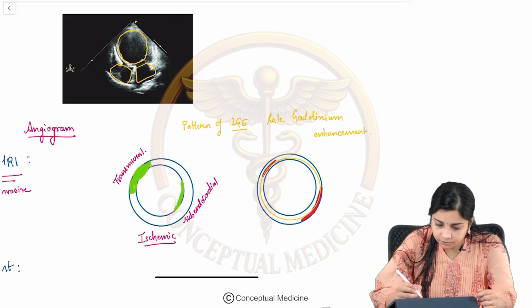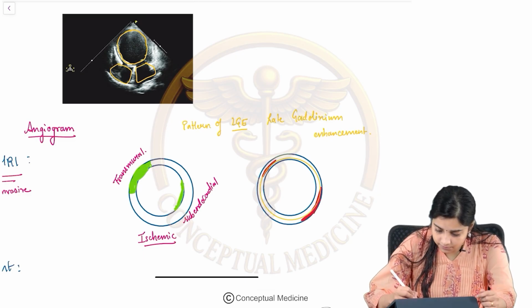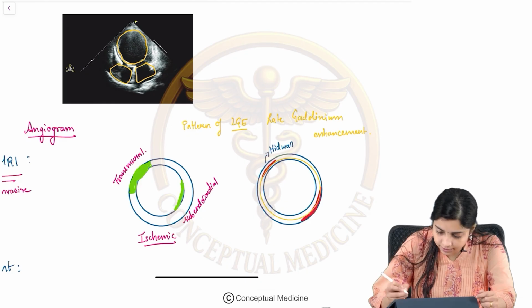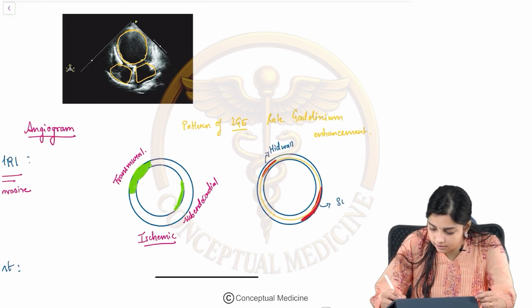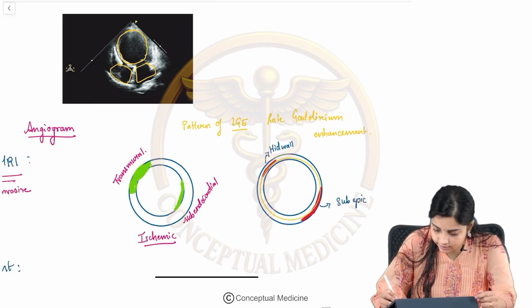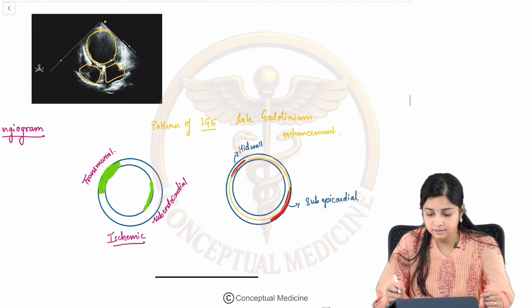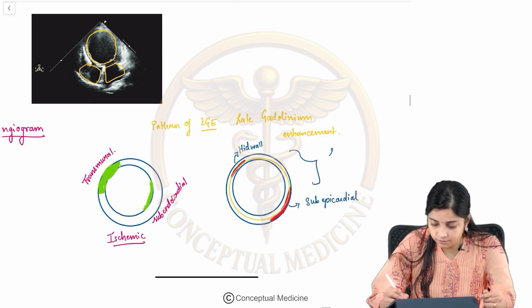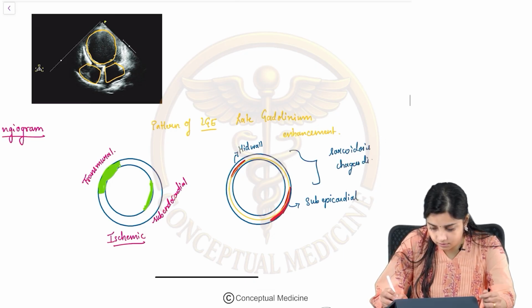Okay. Now, in the other forms, you see a mid-wall enhancement or a subepicardial enhancement. What is this suggestive of? This can be due to sarcoidosis, Chagas disease, or any form of myocarditis.